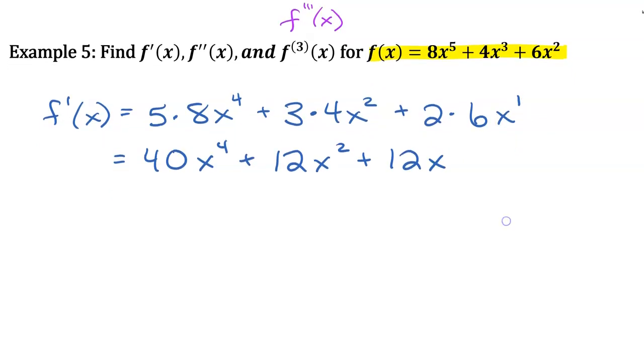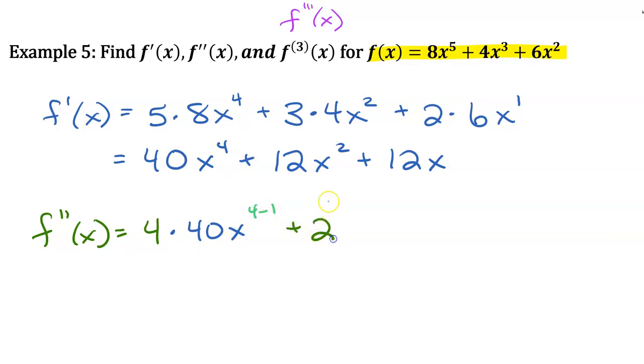So for the second derivative, we're going to take the derivative of the first derivative. Okay? So, pull the power out front, and then go down a power. 4 minus 1. We're just doing it again, really. So pull the power out front, and go down a power.